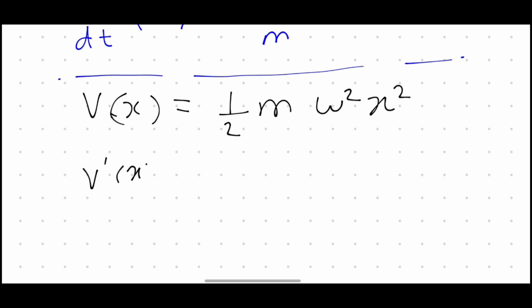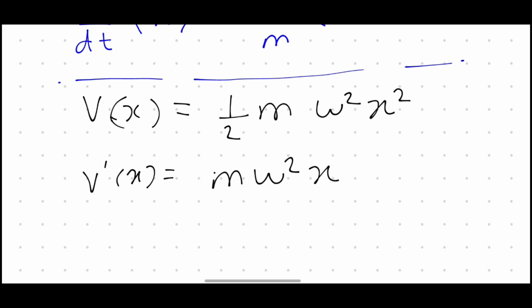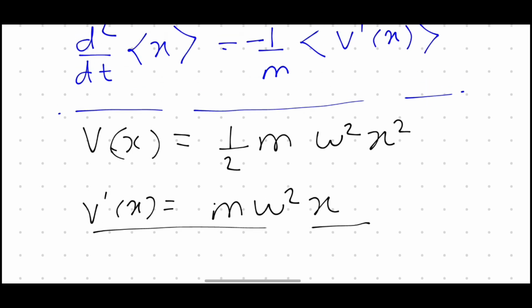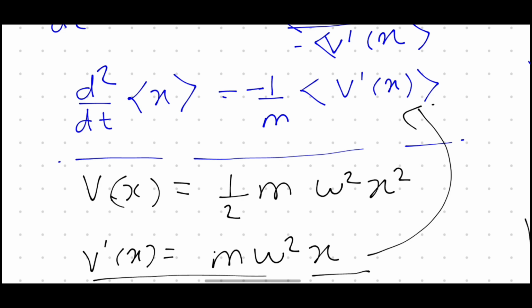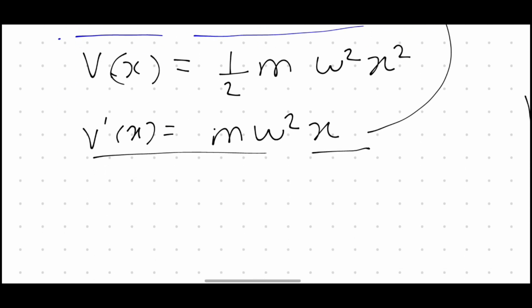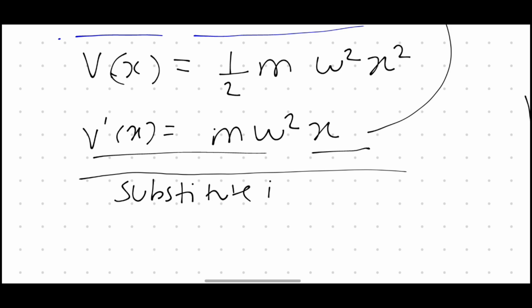So v dash of x is going to be m omega square x. Now since we got the value of v dash, we can put it in this equation, and we will get something really nice. So we are going to substitute it.